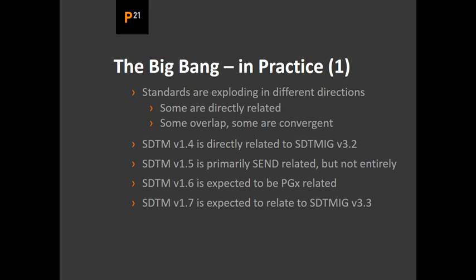But you'll see that there are a few things in SDTM 1.5 that could be advantageous to even things that you're doing in implementation guide 3.2. You'll see that 1.6, of course, pharmacogenomics data uses a lot of the same domains, the same structures that are in the implementation guide.